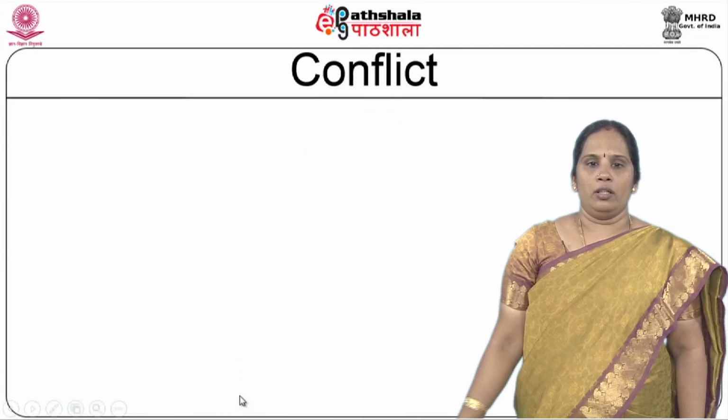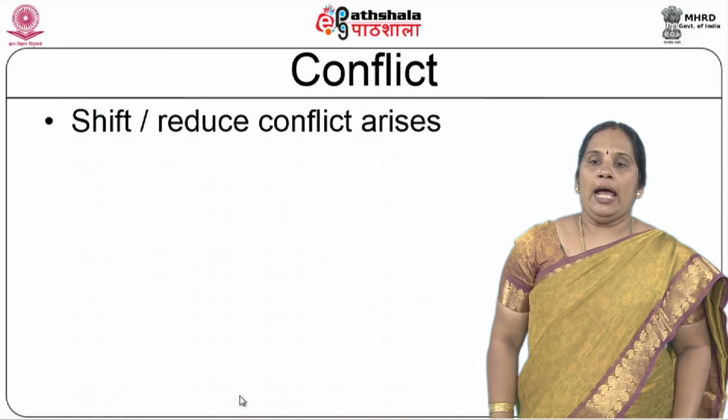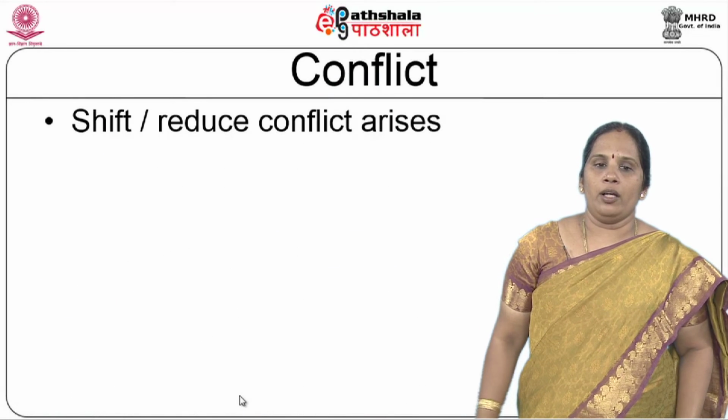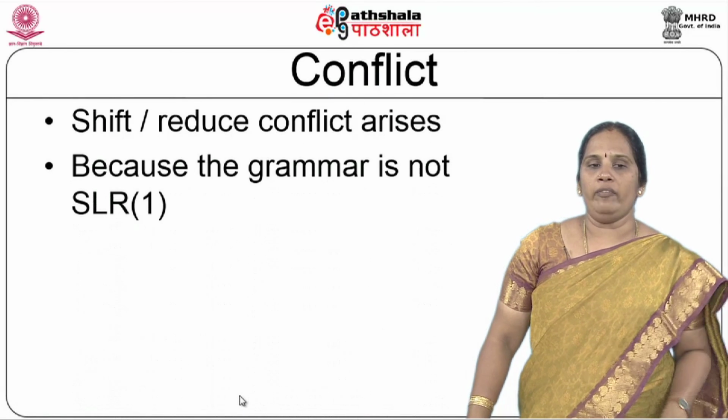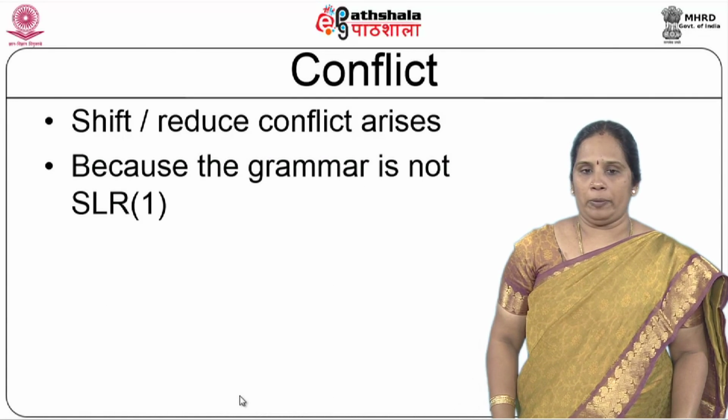If you remember that the parser cannot handle this because the follow is considered for filling up the reduce action. Okay. So, that is the drawback of this SLR parser. So, the conflict is a shift or a reduce conflict arises here, and that is the reason why we call this grammar as not a SLR of 1 grammar.